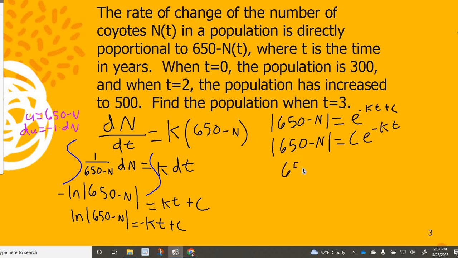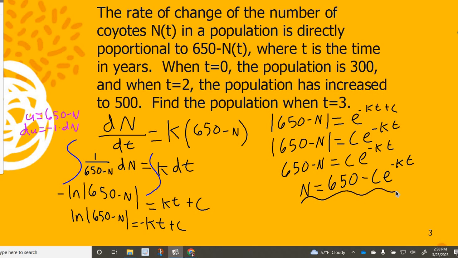And again, we can drop that absolute value by a plus or minus, but our c just kind of sucks up that plus or minus. So then we could say add n and subtract ce to the negative kt. And this is our equation.